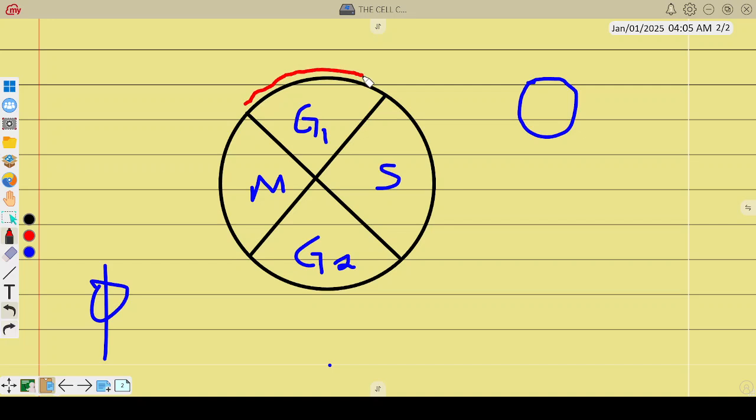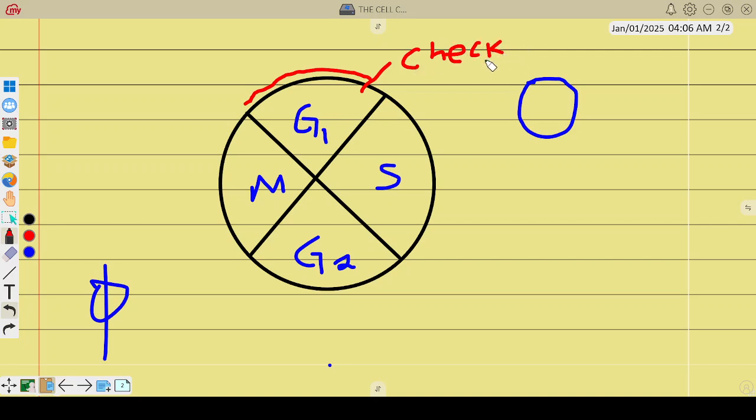When the cell has grown up to a suitable size, or is ready to go into the next phase, there will be what is called a checkpoint.